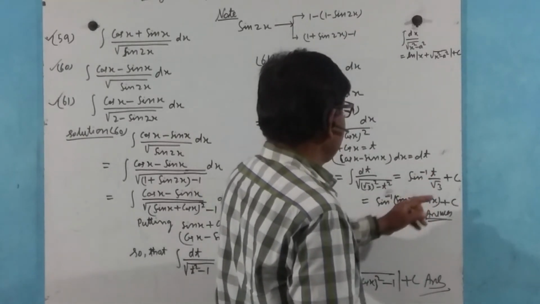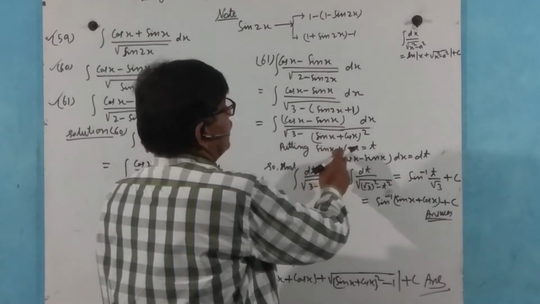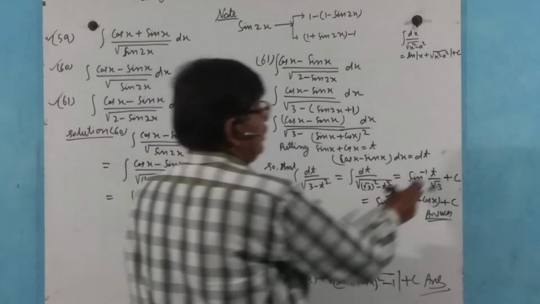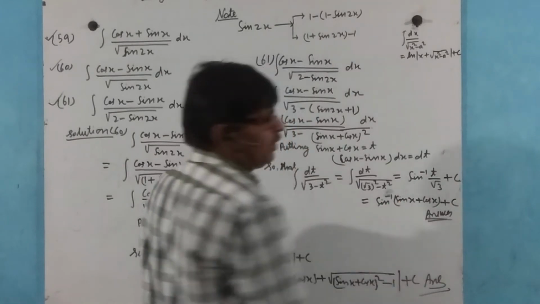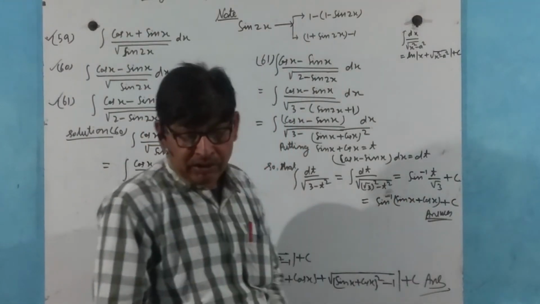Putting the value of t here, sin x plus cos x equal to t, so that sin inverse of it plus constant c, so that this is our answer.